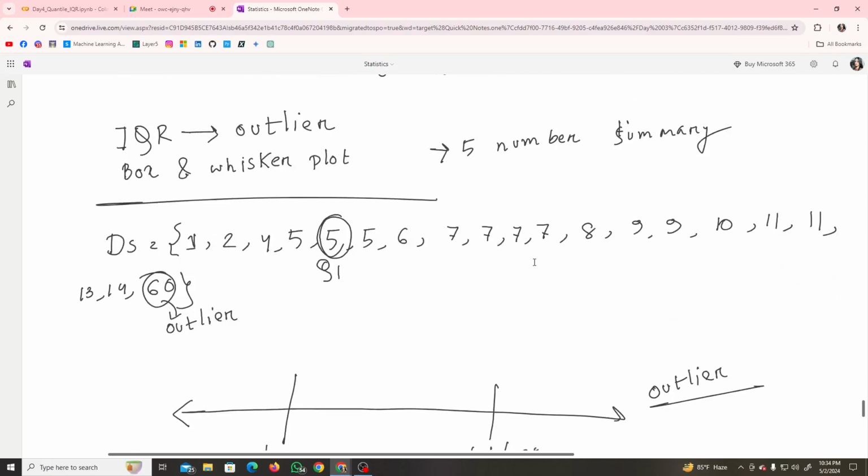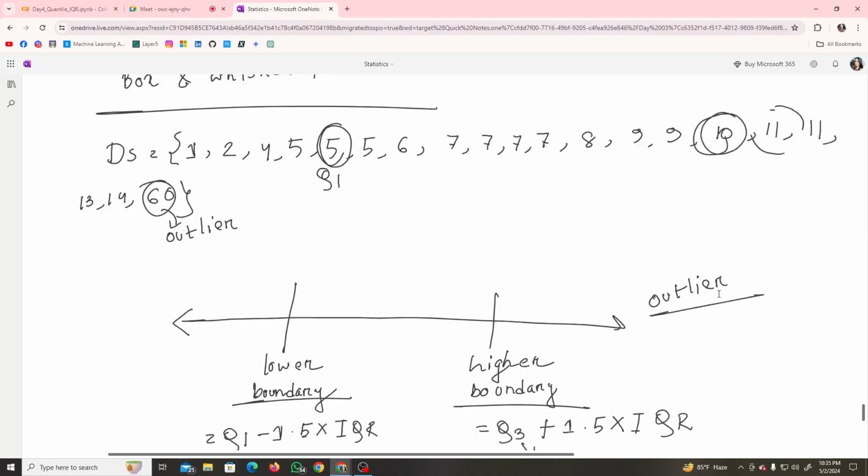Let's go up and find it. 1, 2, 3, 4, 5... No, this is our 16th index. Counting again: 1, 2, 3, 4, 5, 6, 7, 8, 9, 10, 11, 12, 13, 14, 15. So 10 is our 15th index.